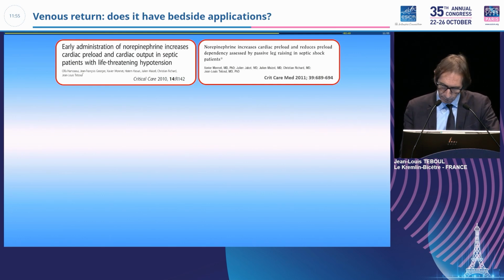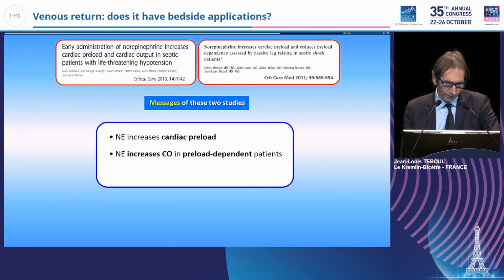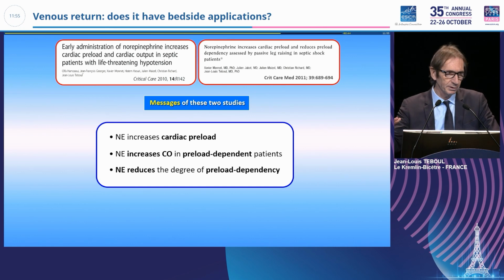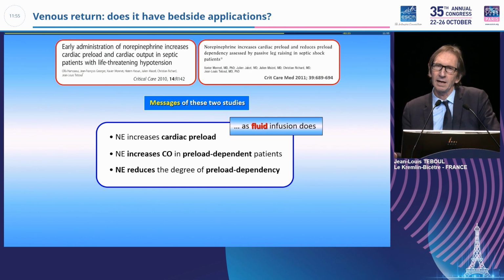And the messages of these two papers were that norepinephrine is able to increase cardiac preload, to increase cardiac output in preload-dependent patients, and to reduce the degree of preload dependency. And this is exactly as fluid infusion does, in fact. So the effects are very similar.